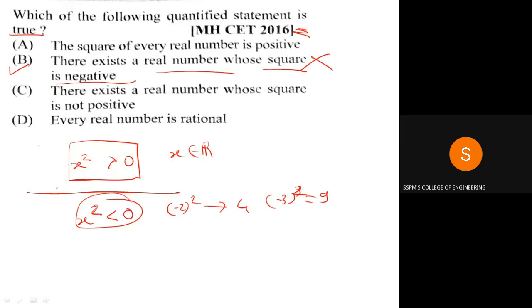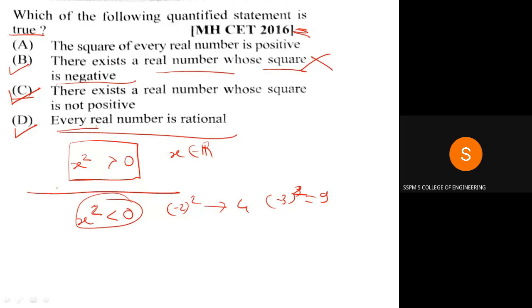In a similar way, consider C: there exists a real number whose square is not positive. We will keep this aside and move to D, and then we will come back to C. Every real number is rational.